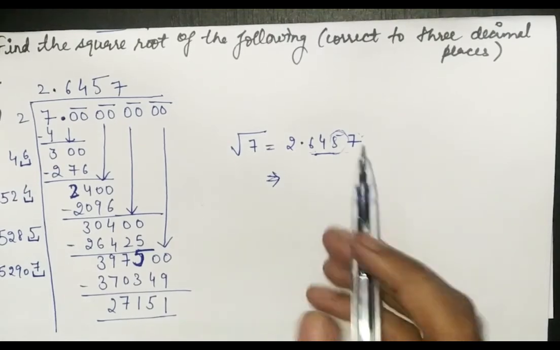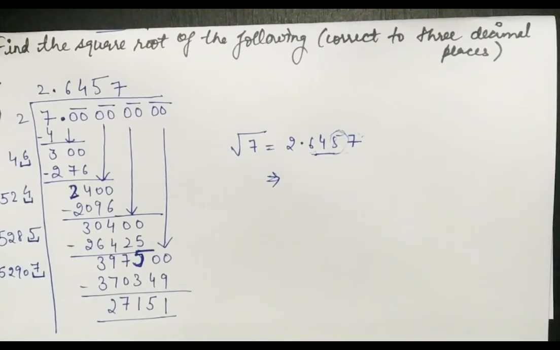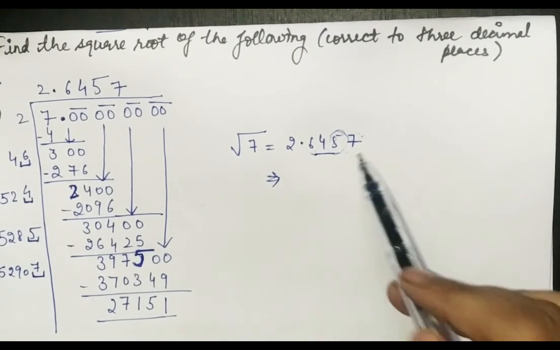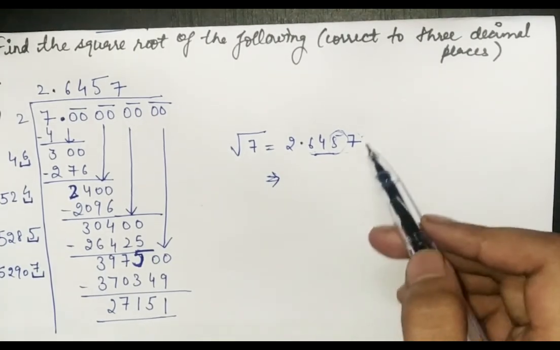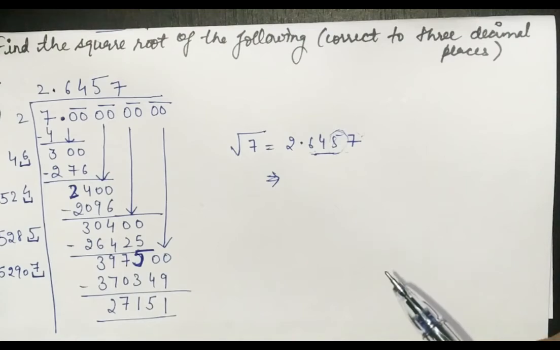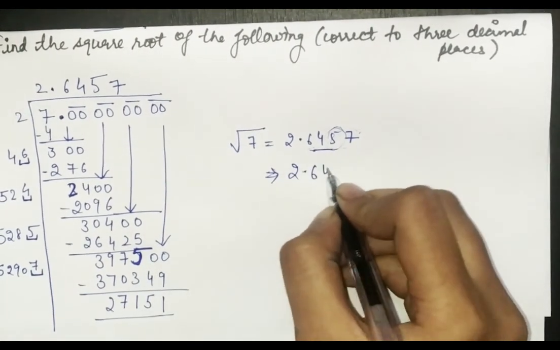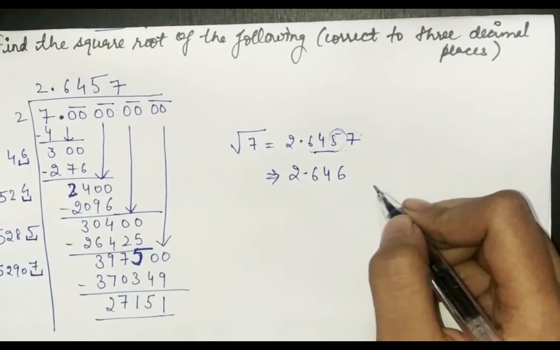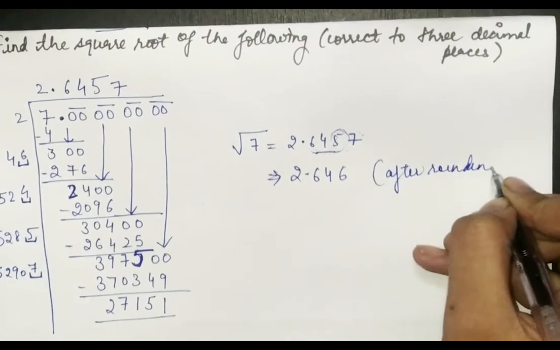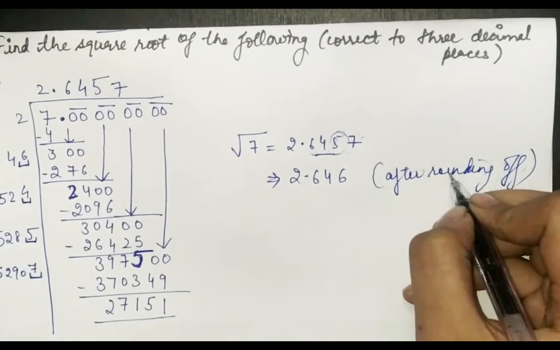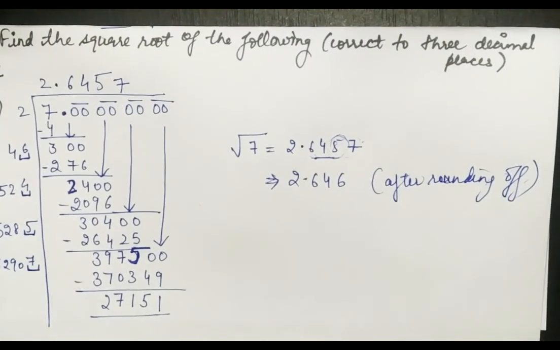And if the next number is less than 5, suppose it were 2.6451, then it would remain 2.645. But here the next number turned out to be 5 or more, so this will be rounded off and 1 will be added. This is the number you can write after rounding off. Okay, so this is the answer.